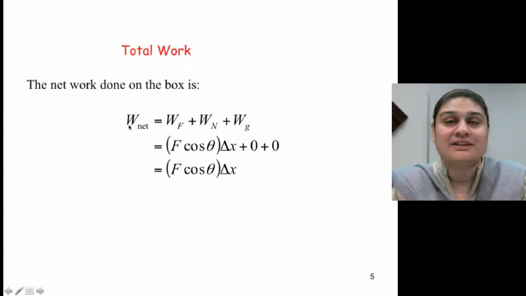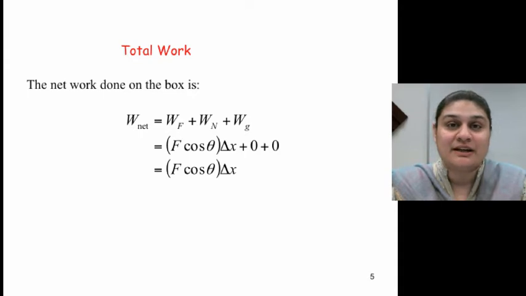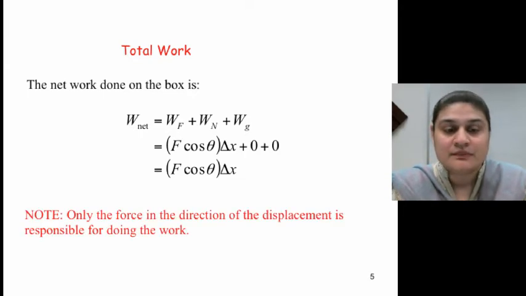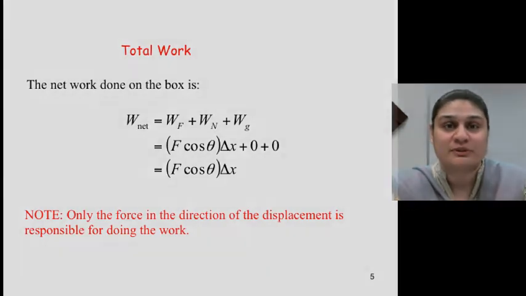So the net work done on this object is a direct relationship between the force applied and the distance the object moves. We can sum this up and say the only force that gets utilized is the force applied in the direction of motion, and that is the only force responsible for doing the work.